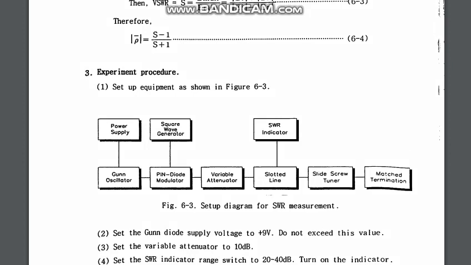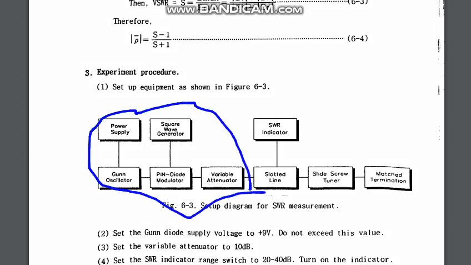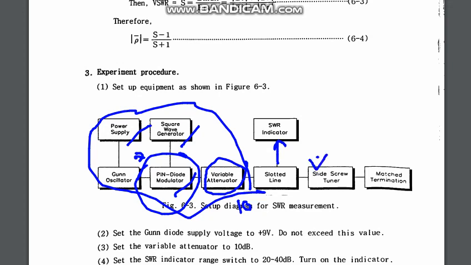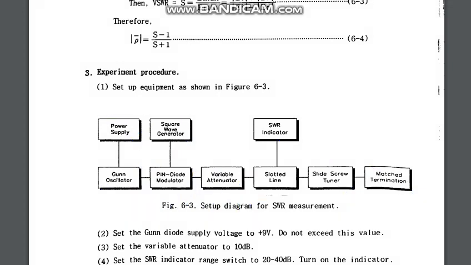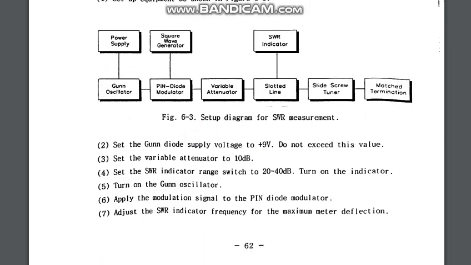That is quite similar to the previous sections: there should be a power supply to the Gunn oscillator, the square wave generator to the PIN diode modulator, that's the modulation section, which is the input section of the waveguides, and there is a variable attenuator there, which has been set to 10 decibels, and there is a slotted line, and on that slotted line the SWR indicator has been connected, and the slide screw tuner to tune the slotted line, and a matched termination to match it and get the Z0 matched with that.